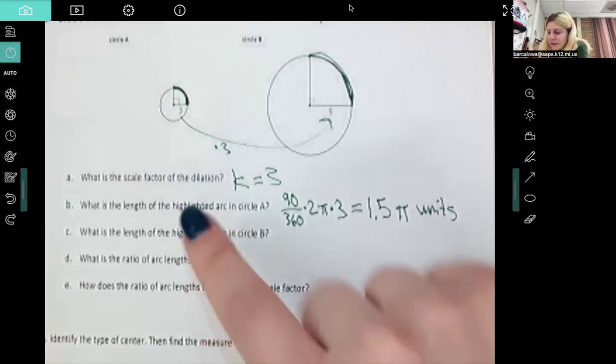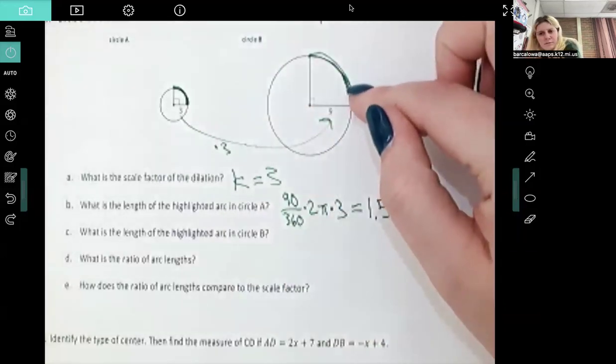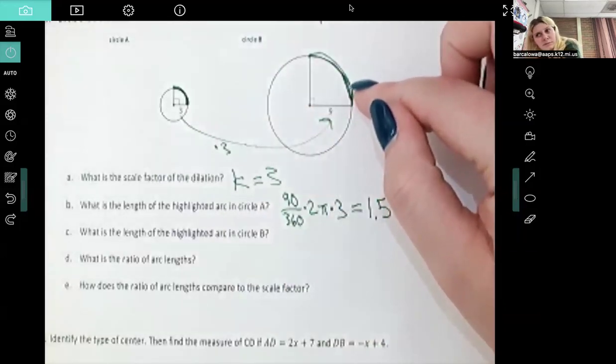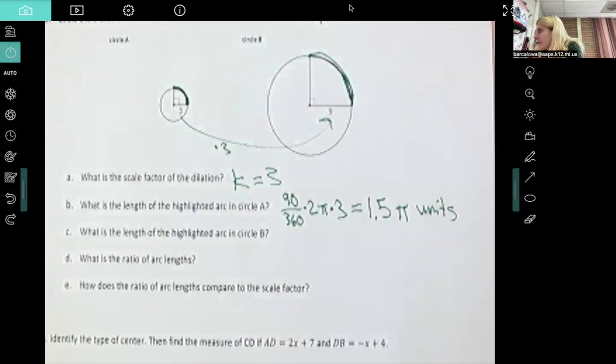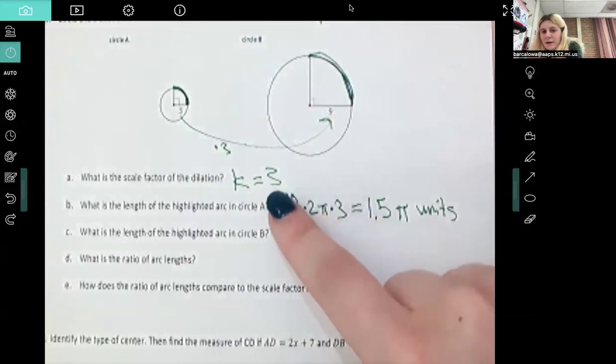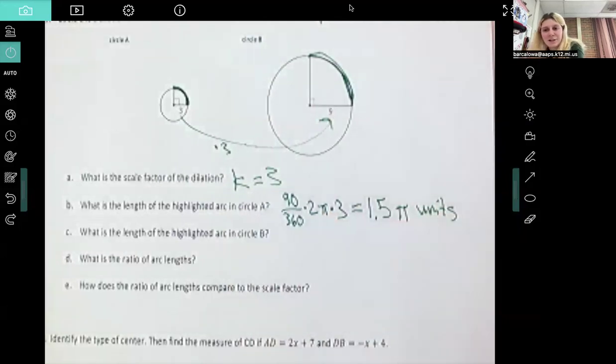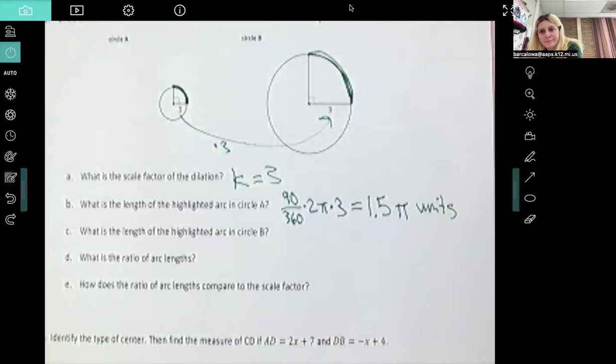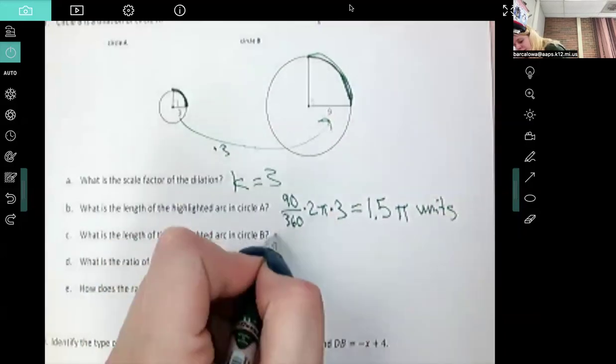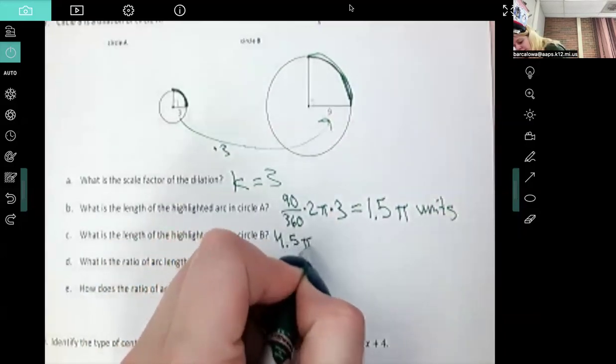So then what is the length of the highlighted arc here? Well, I could go through all this again, but I'm being scaled up by 3. Dilation with a scale factor of 3. So I can just multiply this by 3. It's 1.5 times 3. 4.5. 4.5 pi.